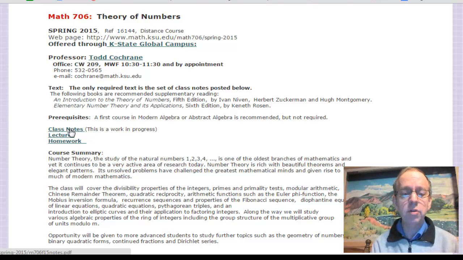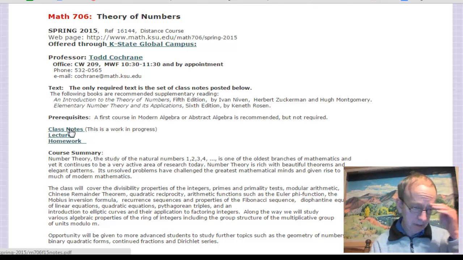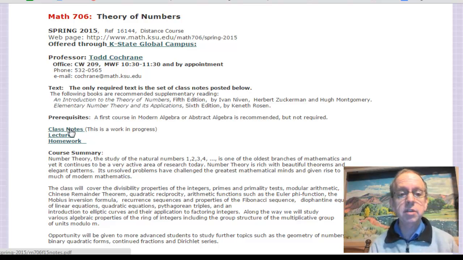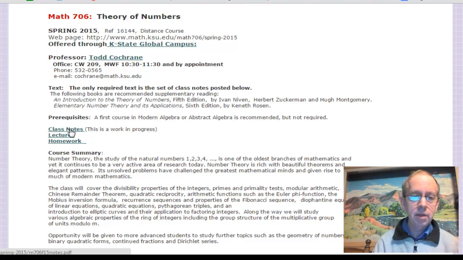And it's not a whole lot. Mainly I just want you to be comfortable with the language, like what's a group, what's a ring, what's a field, because it makes it nice to state our theorems in number theory using this type of language. So you can let me know what your background is with that, if you have any questions.